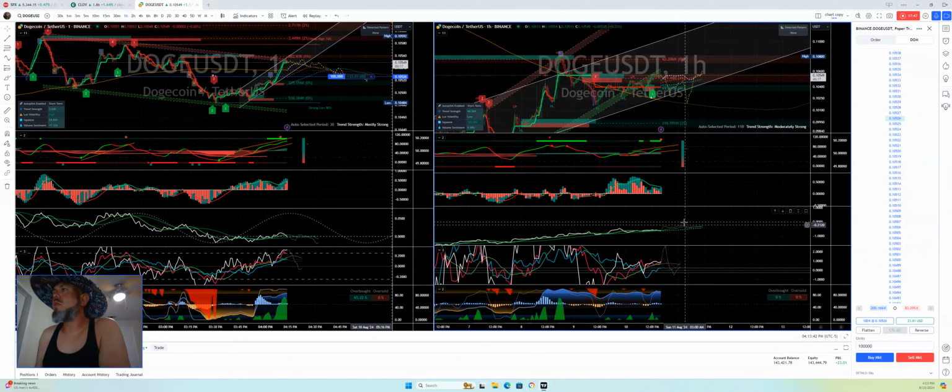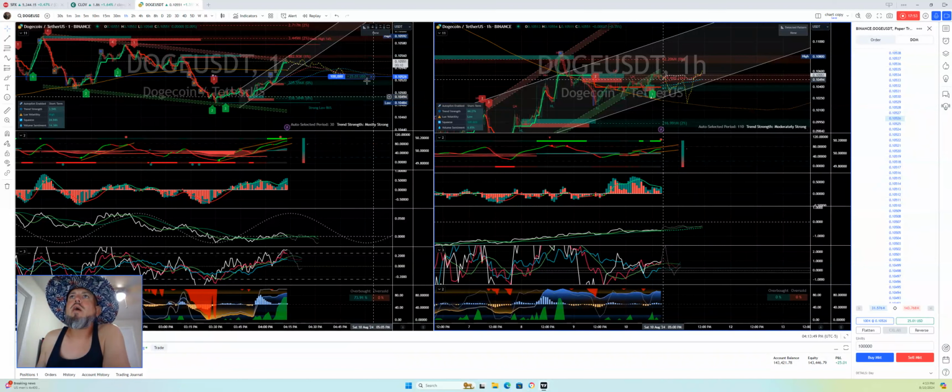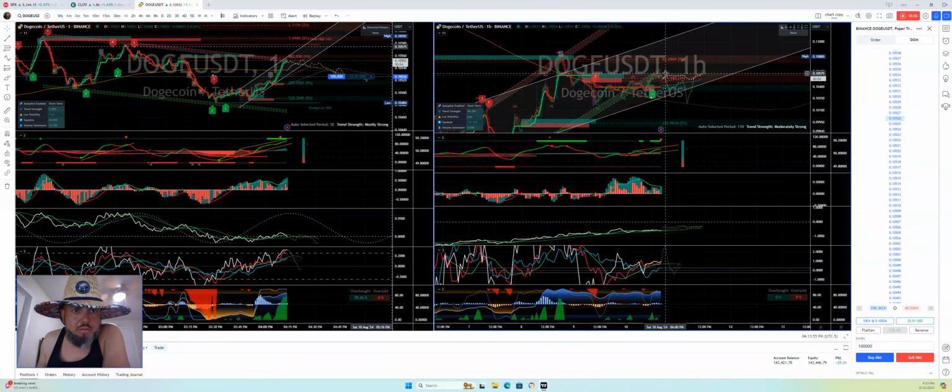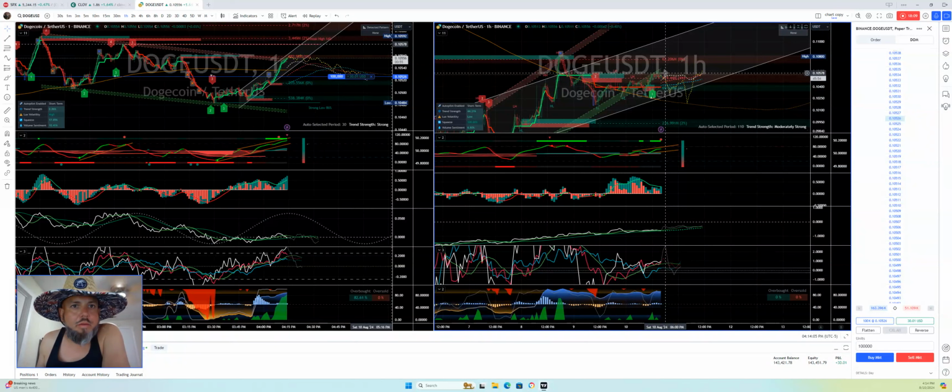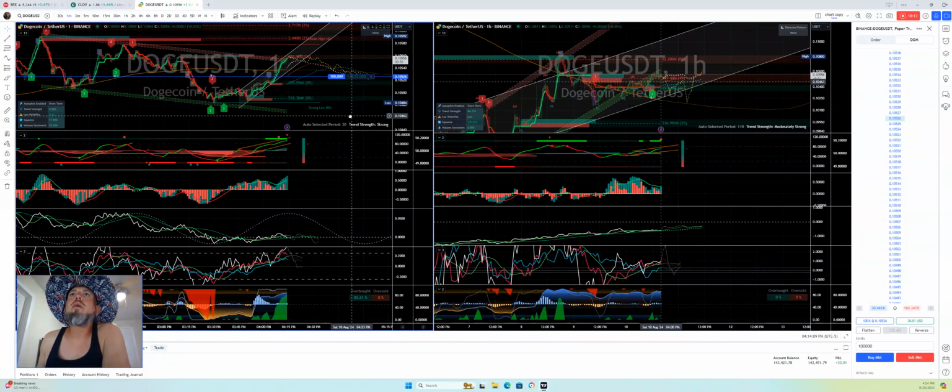So once it breaks into the positive one, then the odds of a, right there, that's where it normally meets resistance. But it looks like Bitcoin wants to break out of that. So I'm going to let it run.